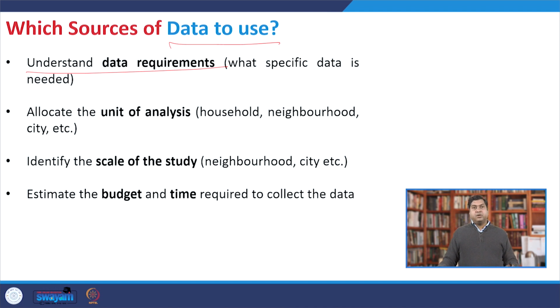But suppose you want to understand the change in their socio-economic status, or the employment percentage status, or all such kinds of status. For the current date, you have to go for some sort of primary survey.